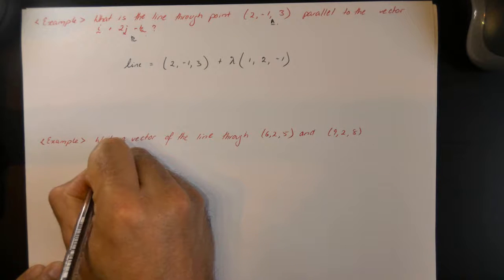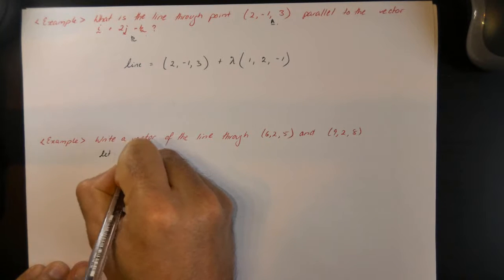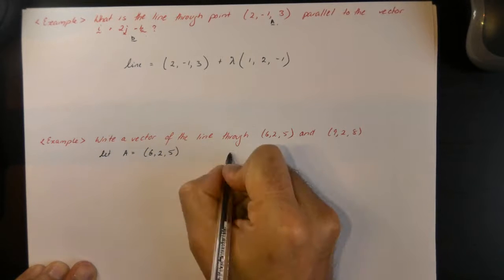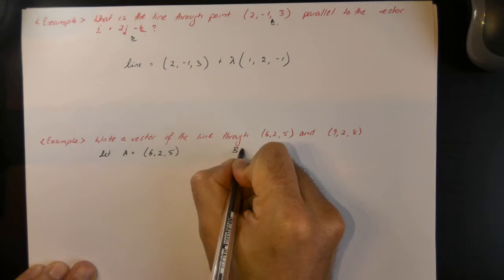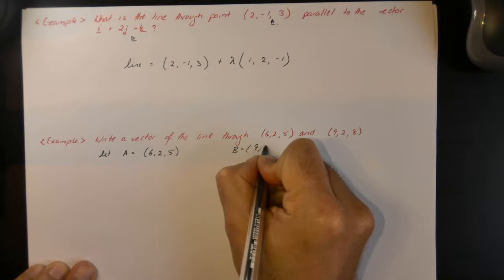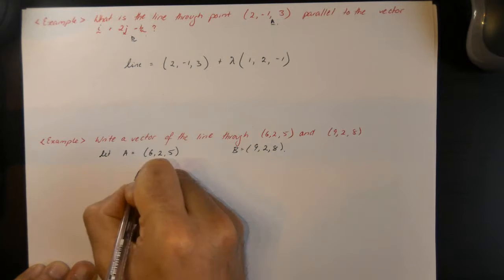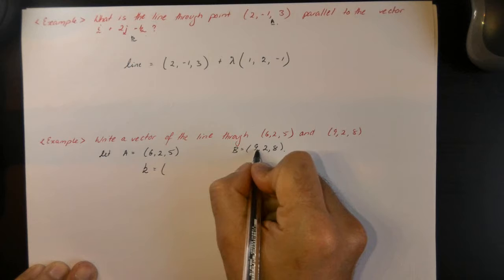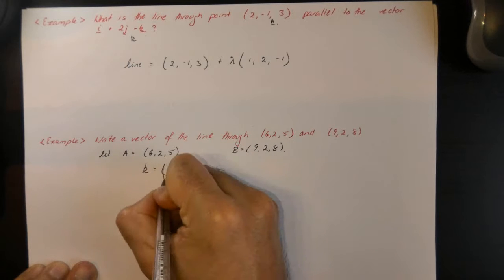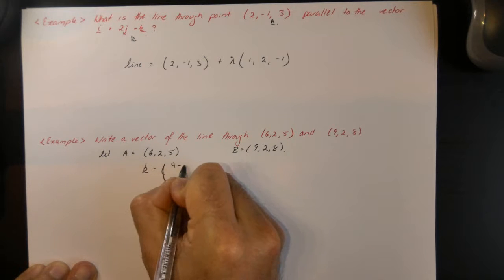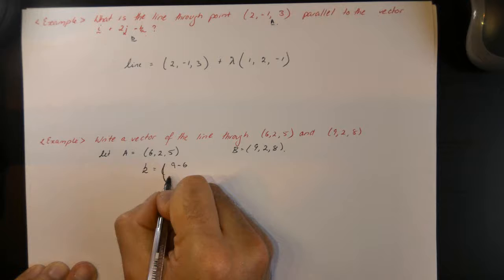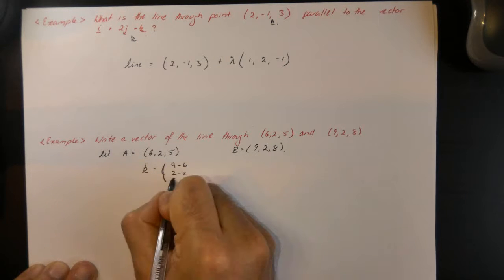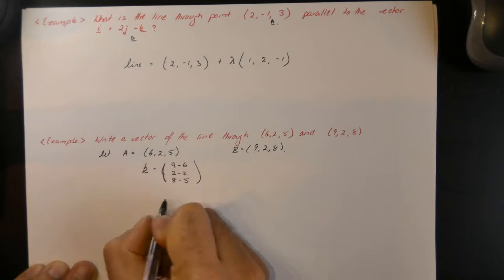If we want to write a vector equation of a line through these 2 points, we're going to let A be the point 6, 2, 5, and B be the point 9, 2, 8. Well, then vector B is equal to 9 minus 6, 2 minus 2, and 8 minus 5.